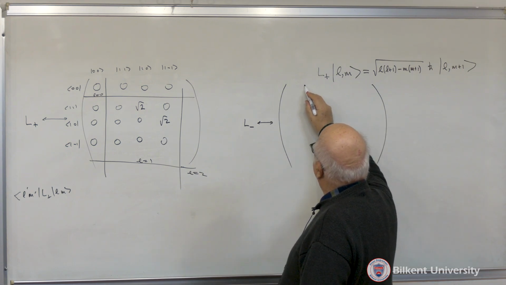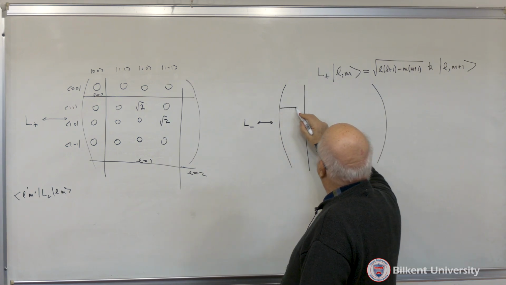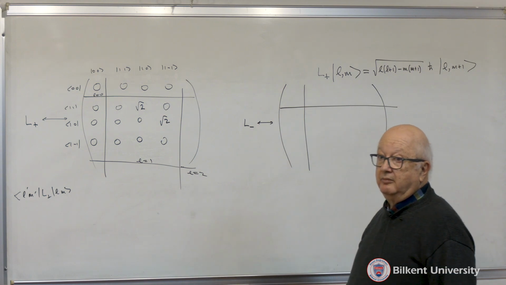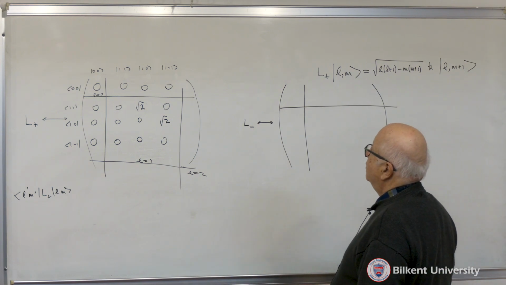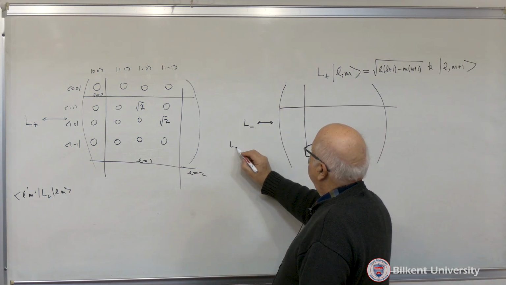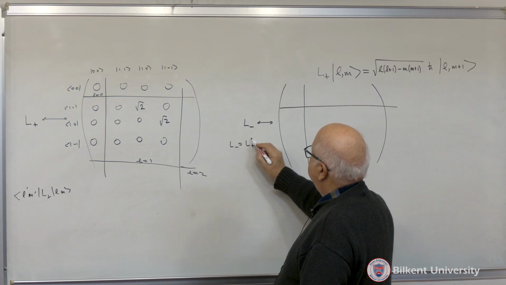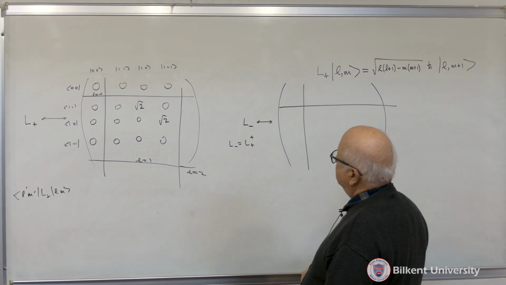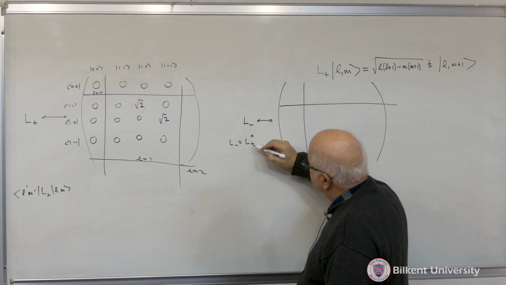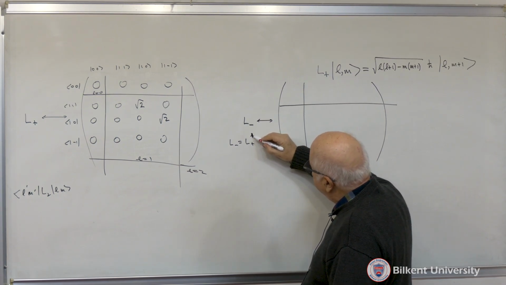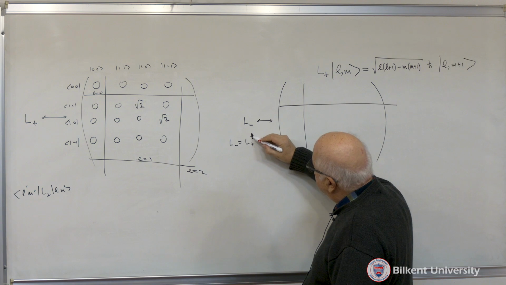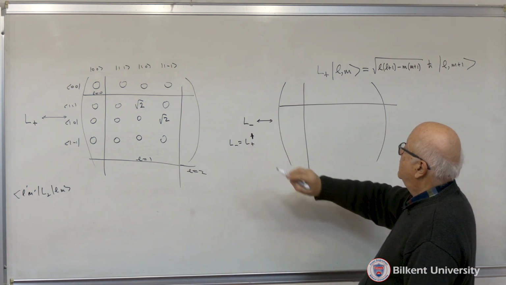L minus is the adjoint of L plus, so can't we just take the transpose conjugate? Yes, very clever. So L minus is L plus adjoint. This is interesting notation: this is a plus, but this is dagger, remember? So that's the adjoint of that.